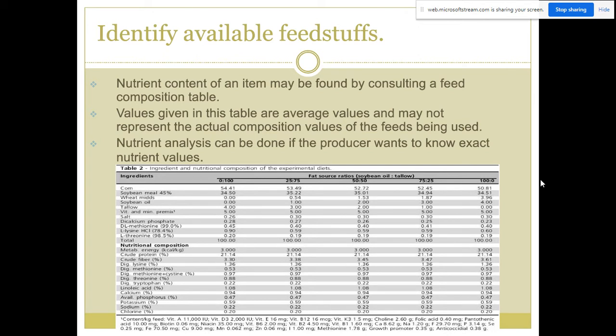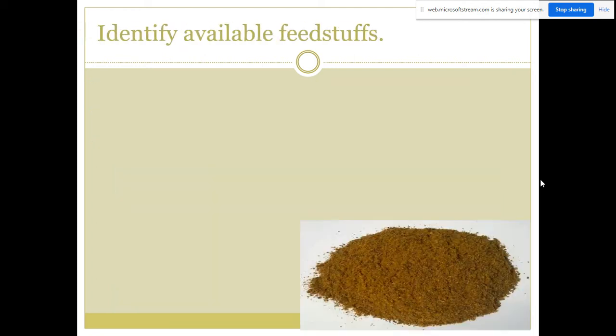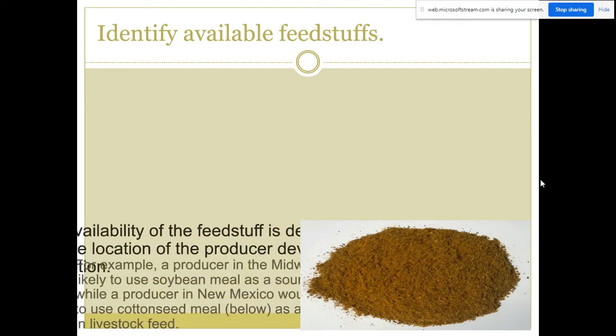We are not going to do nutrient analysis because that's taking math and science to the next level. It's not something I want to teach in high school. That's something you could do later in college if you took a specific feeds and feeding class. Right now, we're just getting into the basics of it.